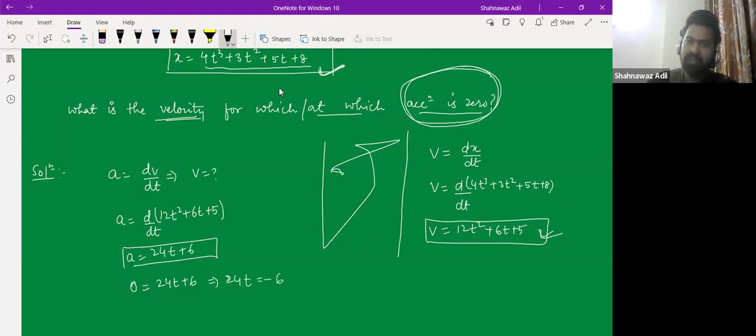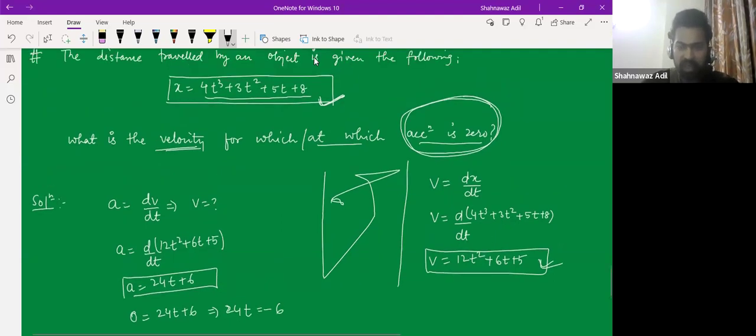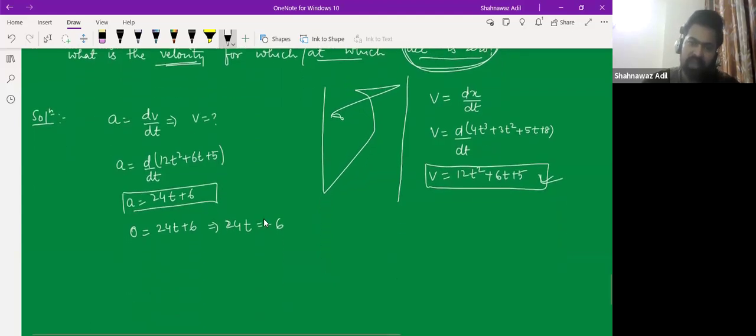But because I have chosen this random question, time cannot be negative, right? Time cannot be negative, but let's say we get this thing. Because I have randomly chosen this form, there could be another form, right? Because you see that x is always increasing, distance is always increasing, so your acceleration will not be retardation, or your acceleration will not be 0. But yeah, let's say we get this thing.